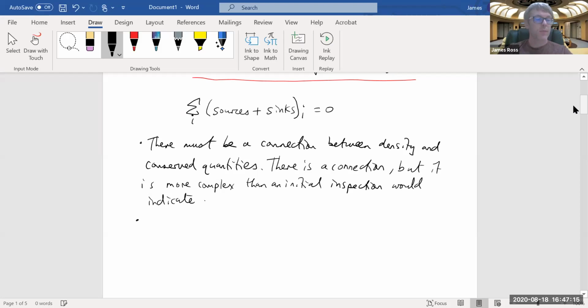Okay, and I'll feed you through that initial inspection, and we'll see that it's a bit more complicated in a few minutes, not right this second.